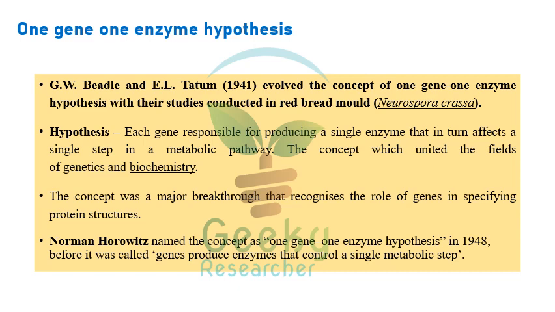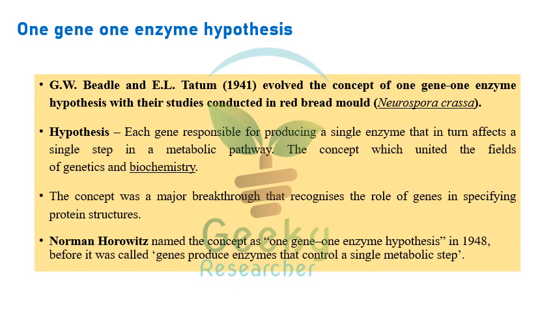They came up with the idea that each gene is responsible for the production of a single enzyme, which in turn affects a single step of a metabolic pathway. Very simply, every enzyme is a part of gene responsibility that performs each single step in the metabolic pathway.